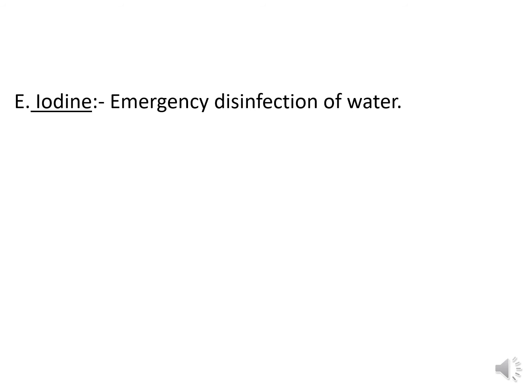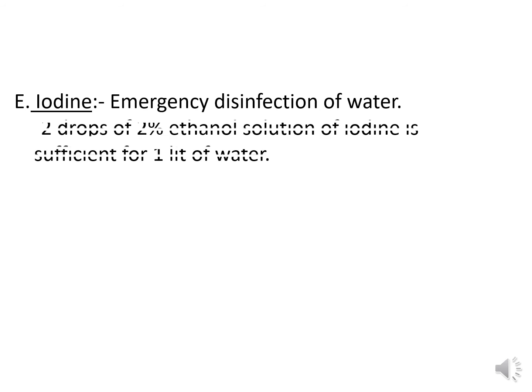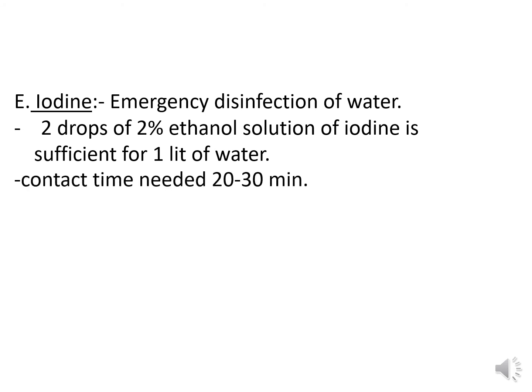Next is the use of iodine. It is considered an emergency method for disinfection of water. So 2 drops of 2% ethanol solution of iodine is sufficient for purifying 1 liter of water. The contact time needed is 20 to 30 minutes.